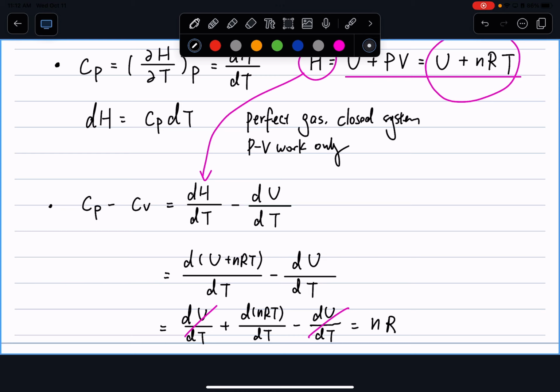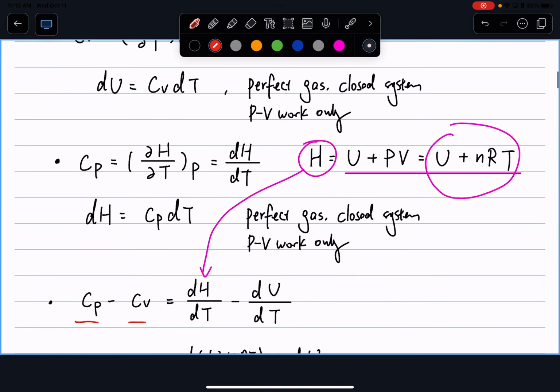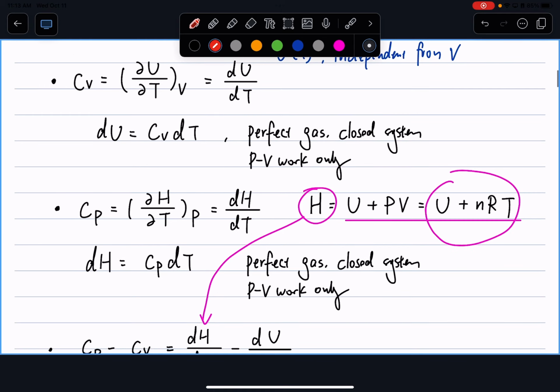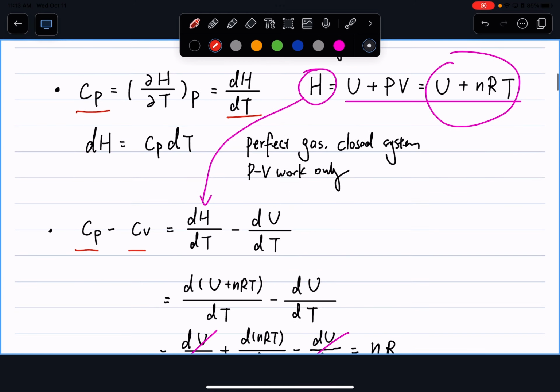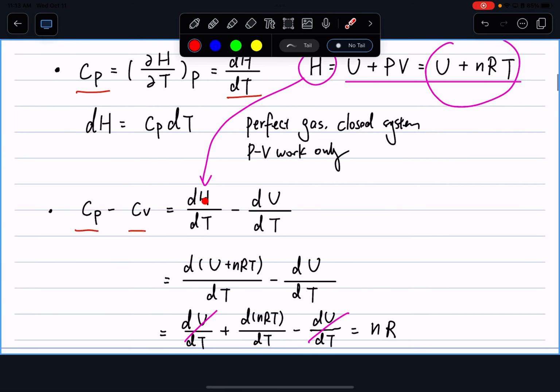So the way to work on it is, first of all, we ask ourselves what is an expression for my CP and CV? We work that out from the definition and also from the ideal gas law. So we have CV equals dU over dT, CP equals dH over dT. By definition, we know H equals U plus nRT, and we can write that into our derivative.